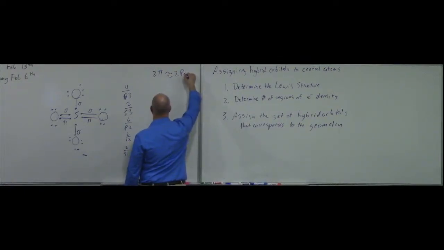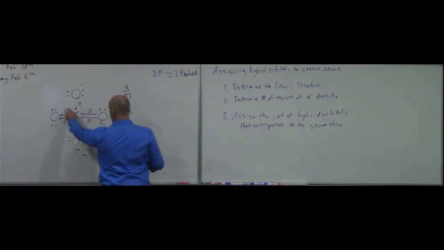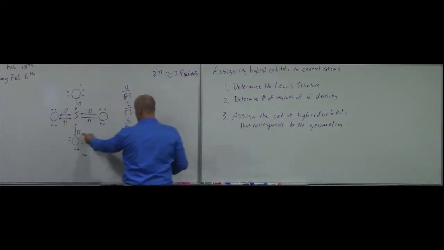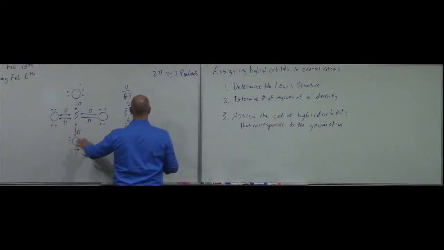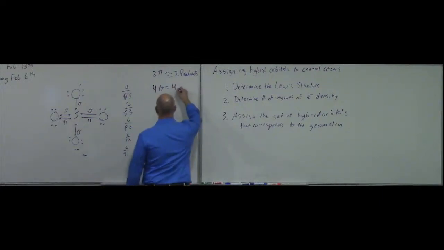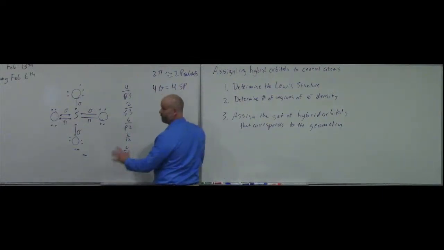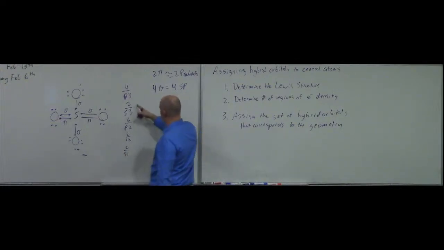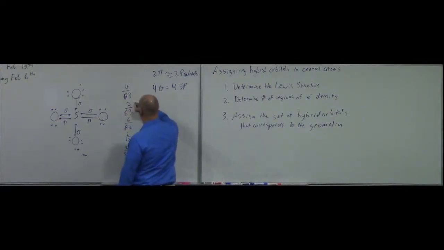And I've got 4 sigmas, which are going to come from 4 sp hybrids, right? Okay? So that's going to come from here.